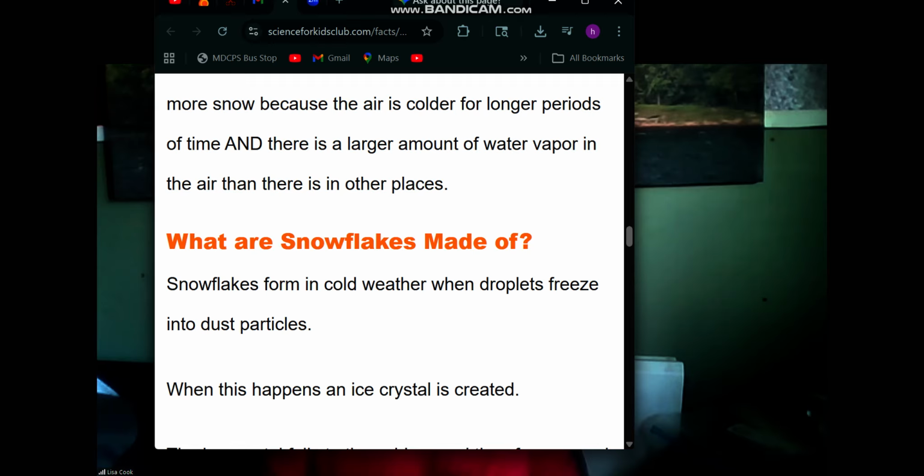I'm sorry. The water crystallizes. What do the crystals do? They clump together.